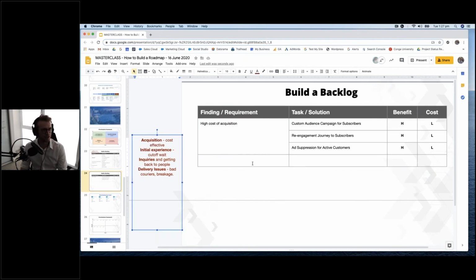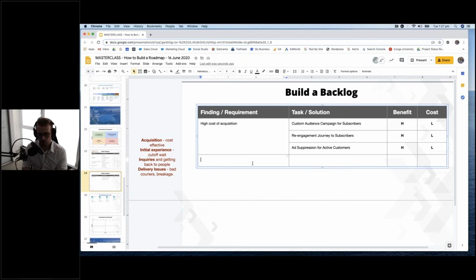Initial experience, cutoff wait. What he said is that in the initial experience when you book, there's a bit of a wait time. It's up to 4 weeks if you book right after the cutoff. So the finding is initial cutoff wait time, up to 4 weeks. Definitely I would suggest having some kind of countdown on web.